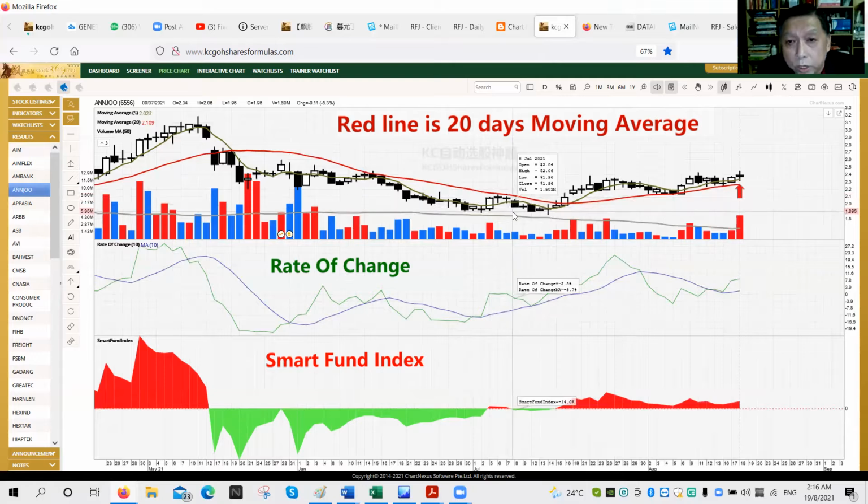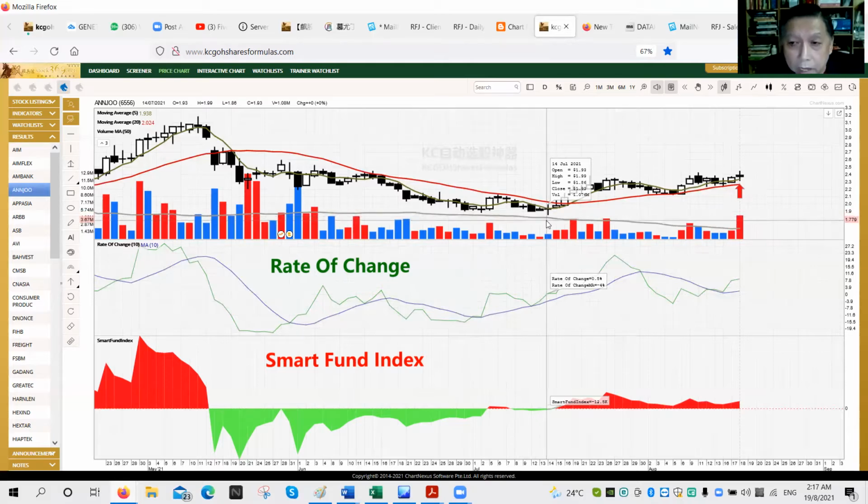It's also correct really, because if we get out, then the next day we found the price actually moved down. The price moved down for 5 days, back to 186. While the price moved down to 186, the ROC, the rate of change curve, actually moved up.